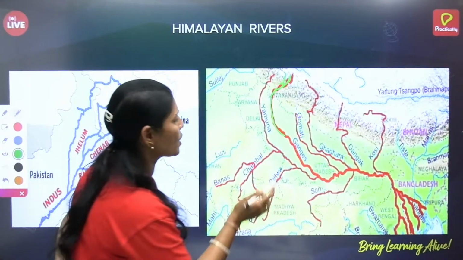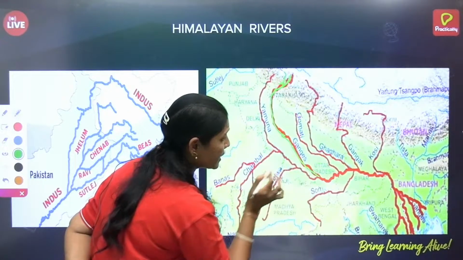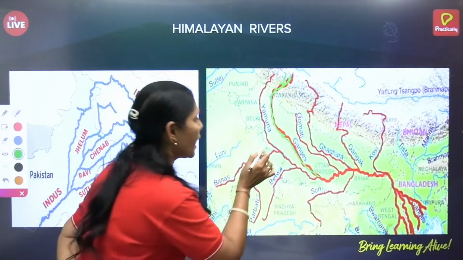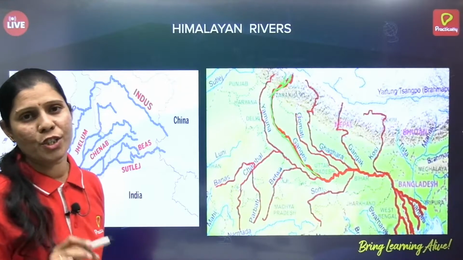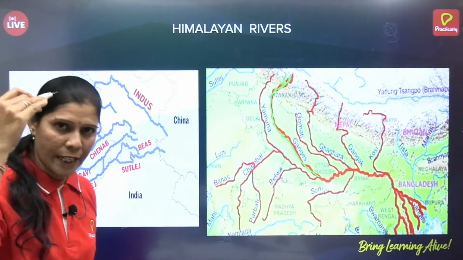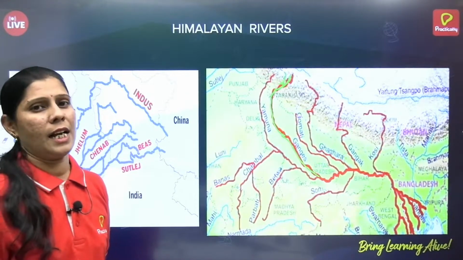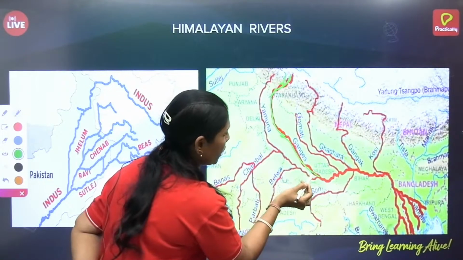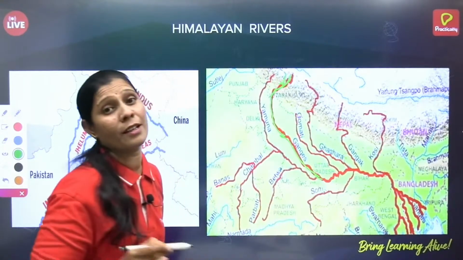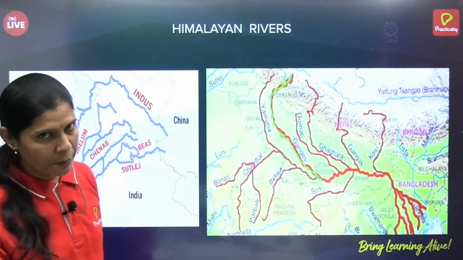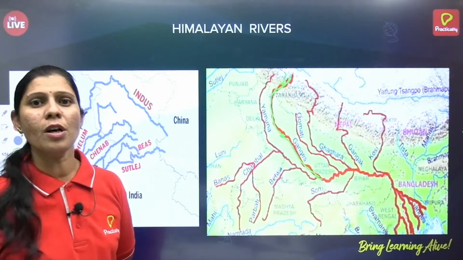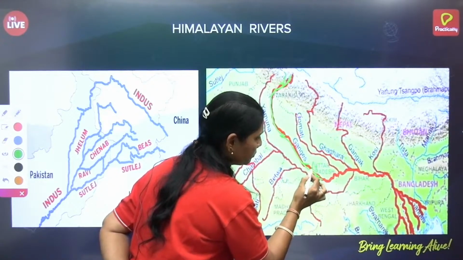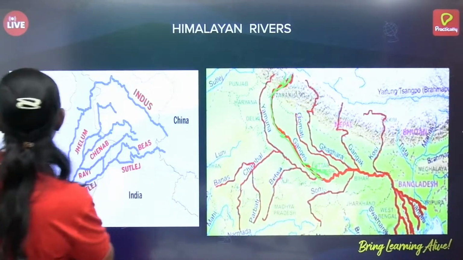It enters the northern plains at Haridwar. Haridwar is a place where the Ganga passes from the Himalayan regions to the other landform, the northern plains.